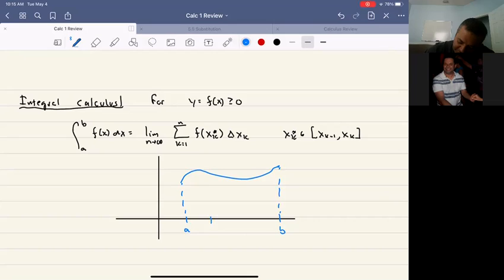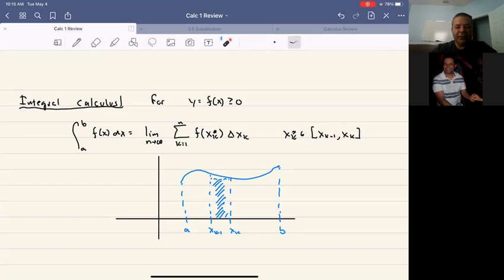You have some xk here, actually xk minus 1 the way that I've done it, xk, and you're taking these areas and summing them up. So you're just summing up the areas of these rectangles. This limit just means you're taking a finer and finer cut, so it's getting closer and closer to the actual value.